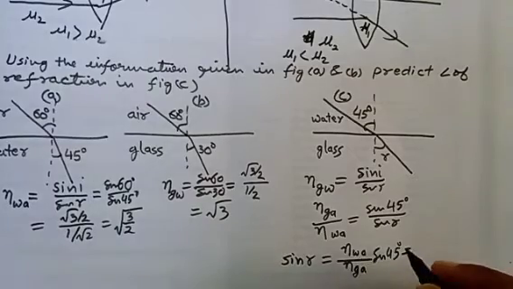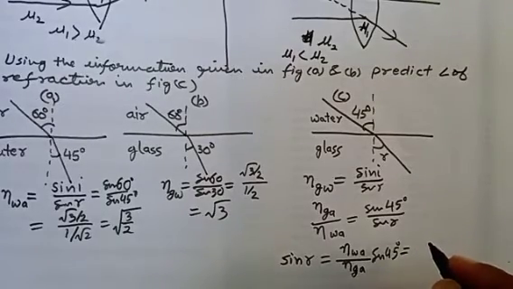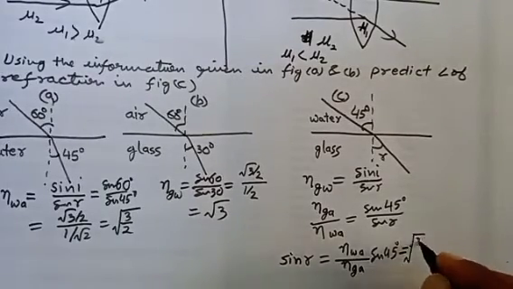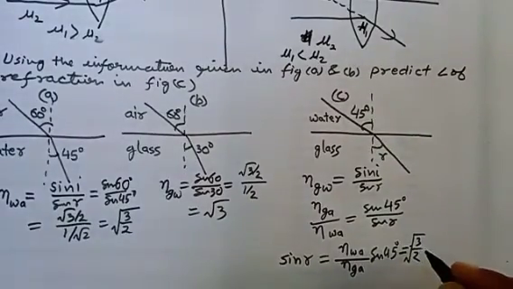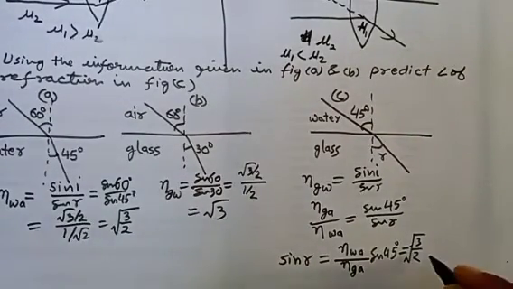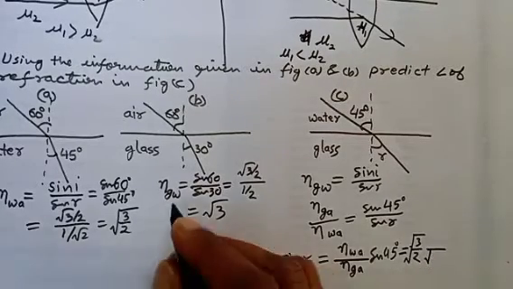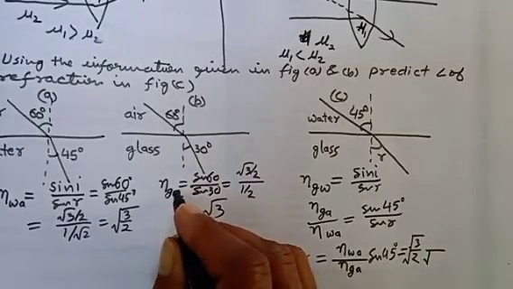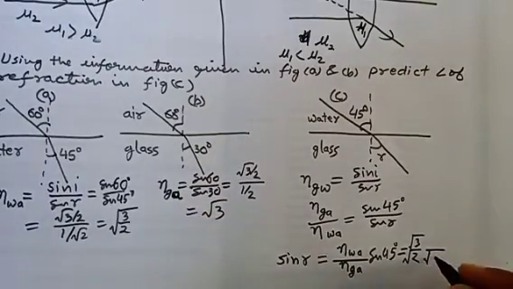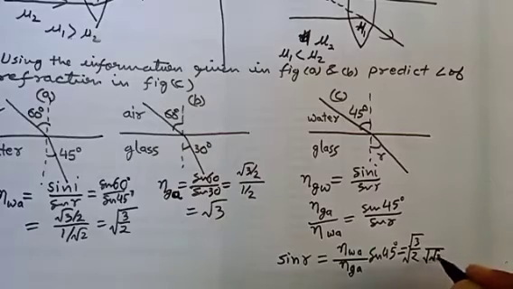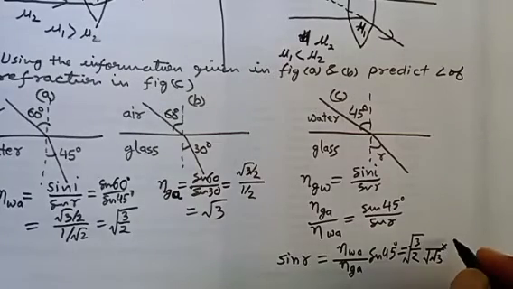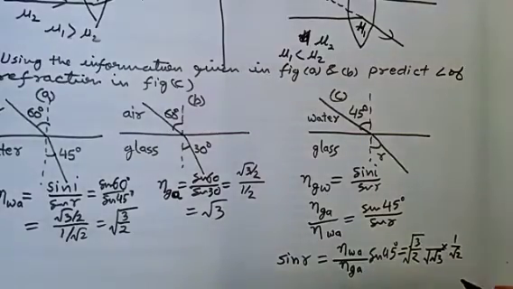Eta WA is root 3 by 2, entire root, and upon eta GA, GA it is, which is root 3, and then we have sine 45, 1 by root 2.